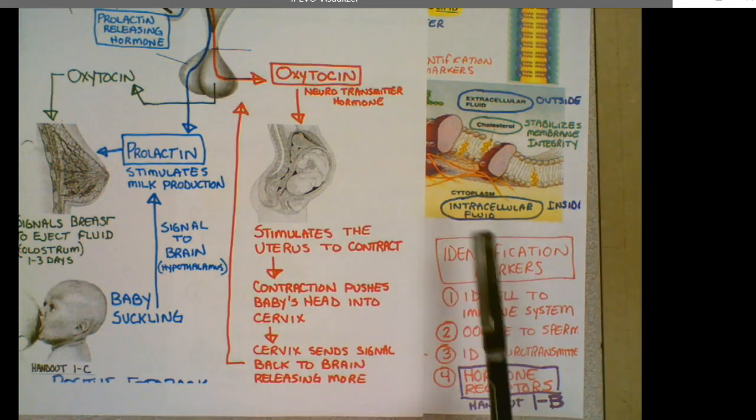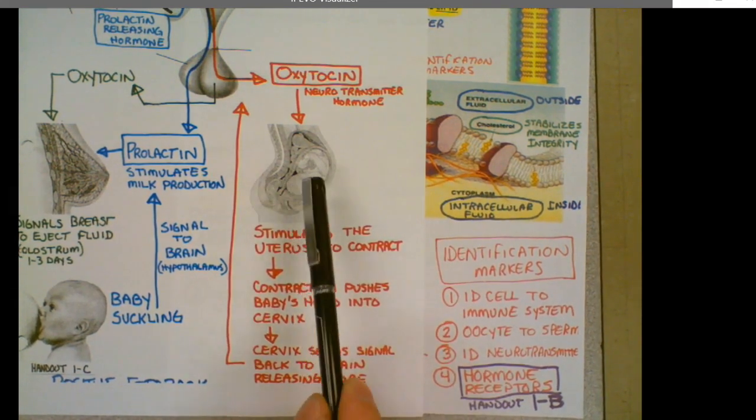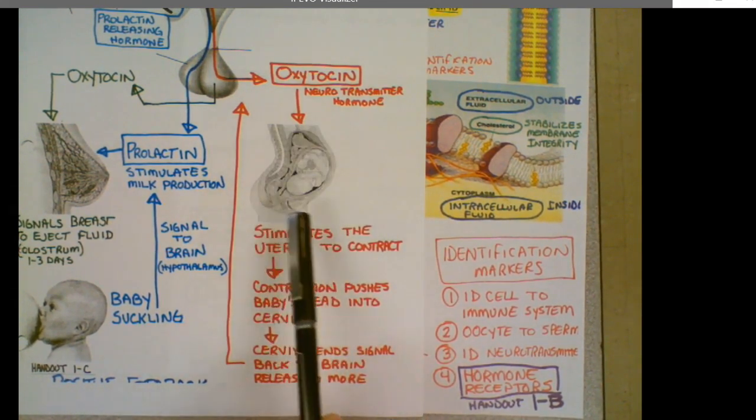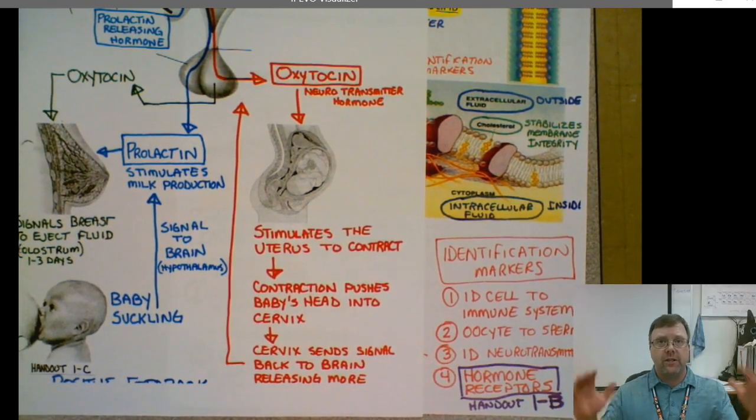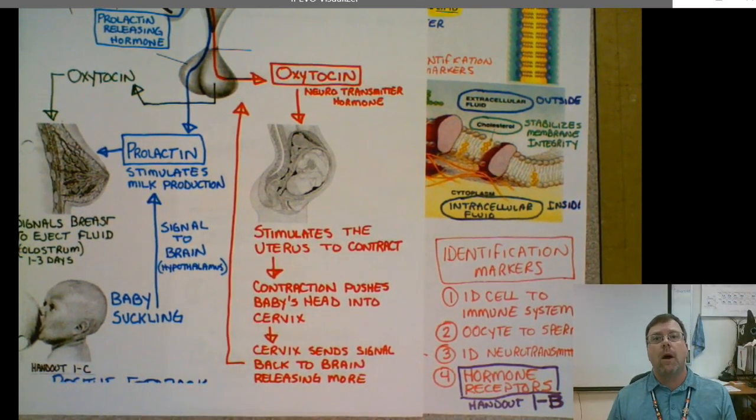So this is how a hormone knows what organ to affect. It's because those organs have these hormone receptors. So that's pretty cool, and that explains a lot that I didn't really cover in chapter 1, which is how do those hormones affect a certain organ and not something else? It's because of these hormone receptors on the plasma membrane.